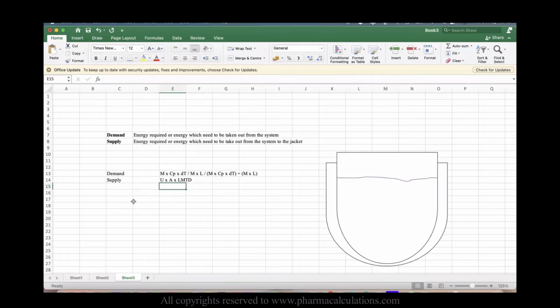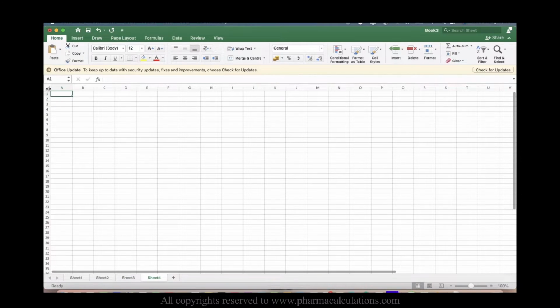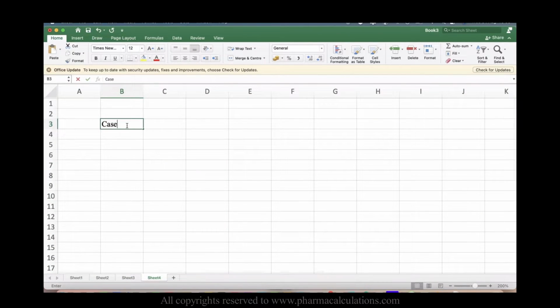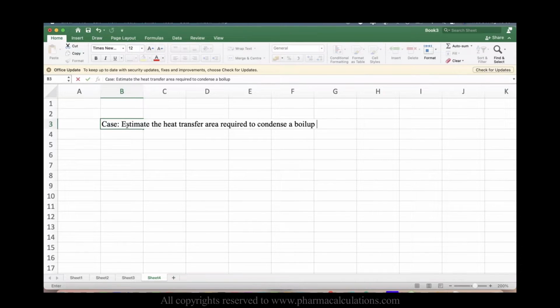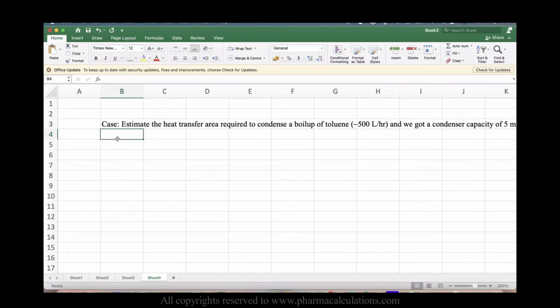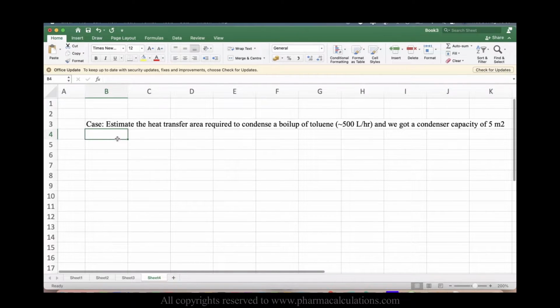So let's take a case where we need to estimate the heat transfer area required to condense a boil-up of toluene. Let's say the boil-up is around 500 liter per hour, and we got a condenser capacity of 5 meter square. So in this case, we need to estimate the area of condenser capacity required to condense the boil-up of 500 liter per hour of toluene.